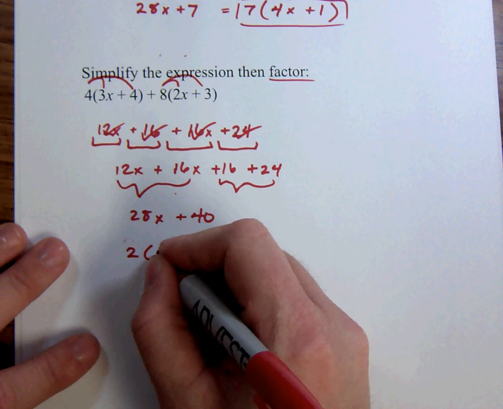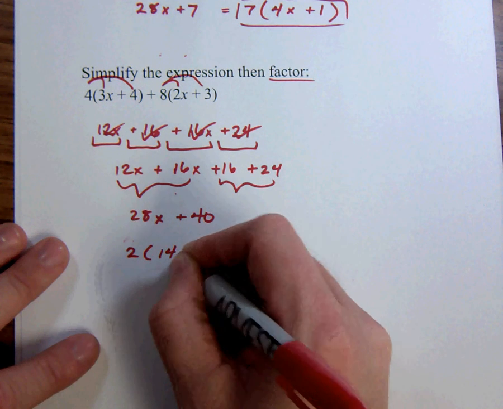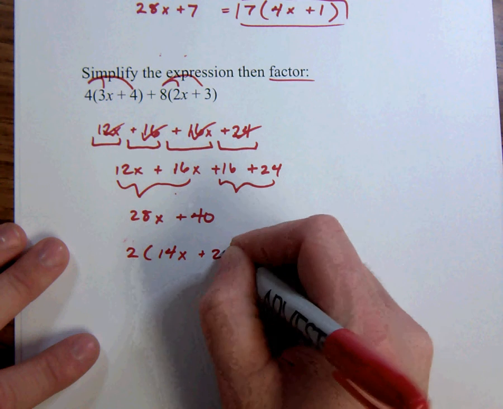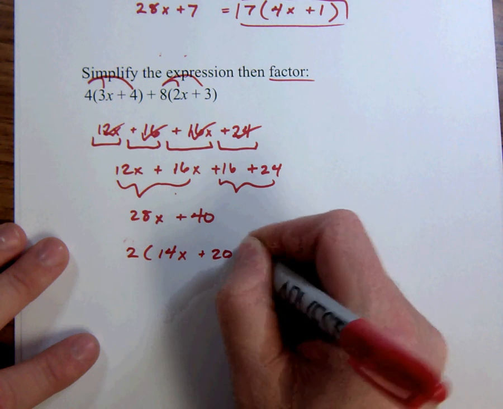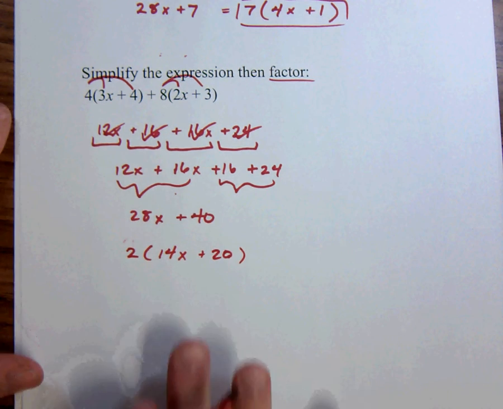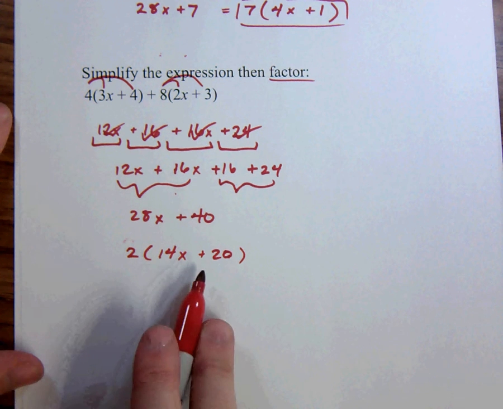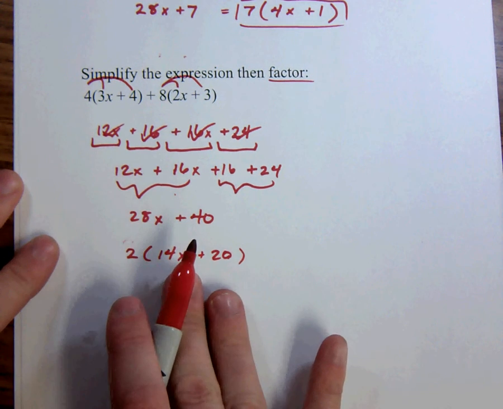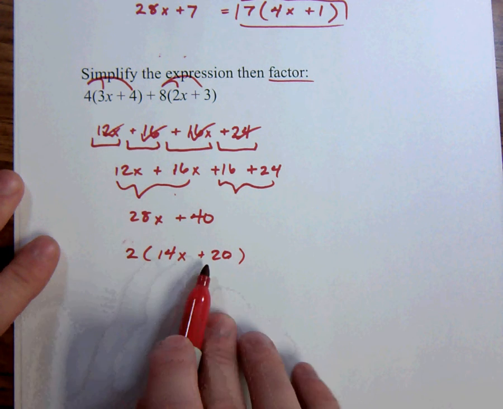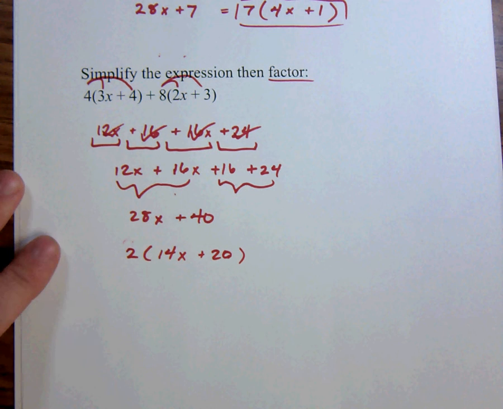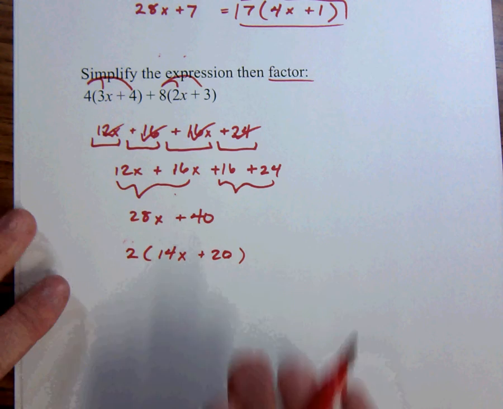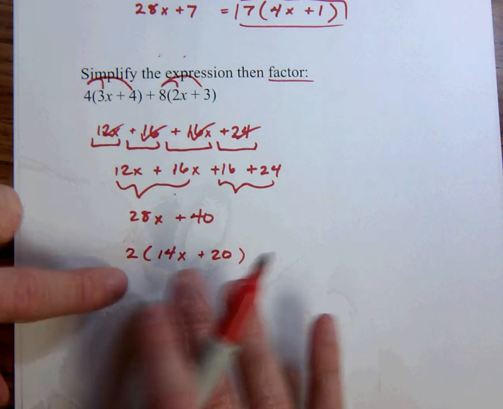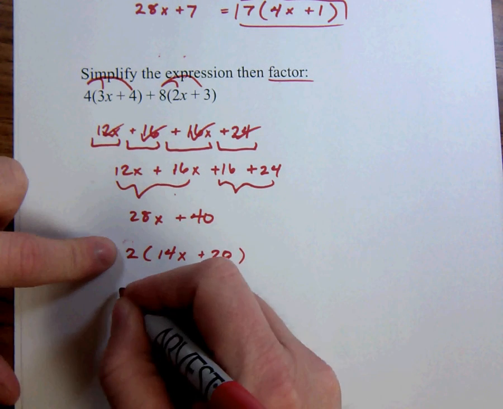28 divided by 2 is 14, so that's 14x plus 20. The thing is when you do this, this is a factored-ish form, but it's not the most factored because 14 and 20 still have a number in common, which is 2 again. So you could go back to the front, but you just say, okay, what if I brought out another 2?